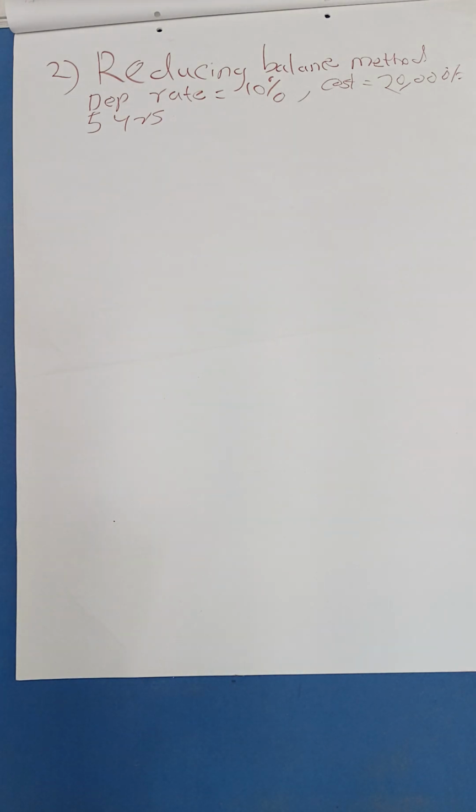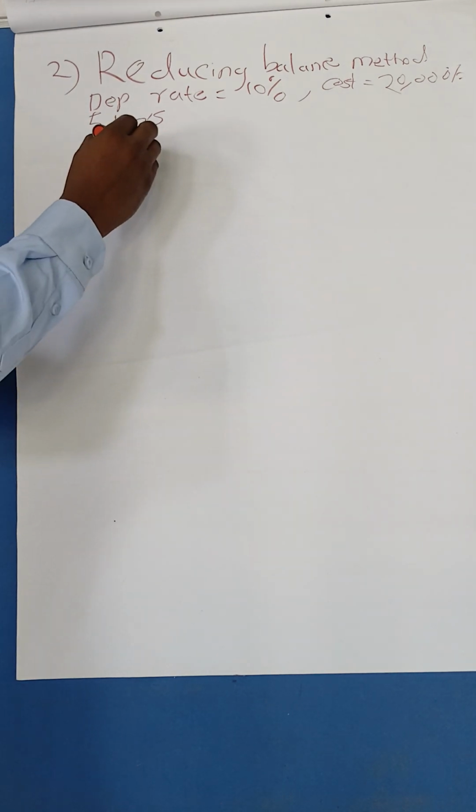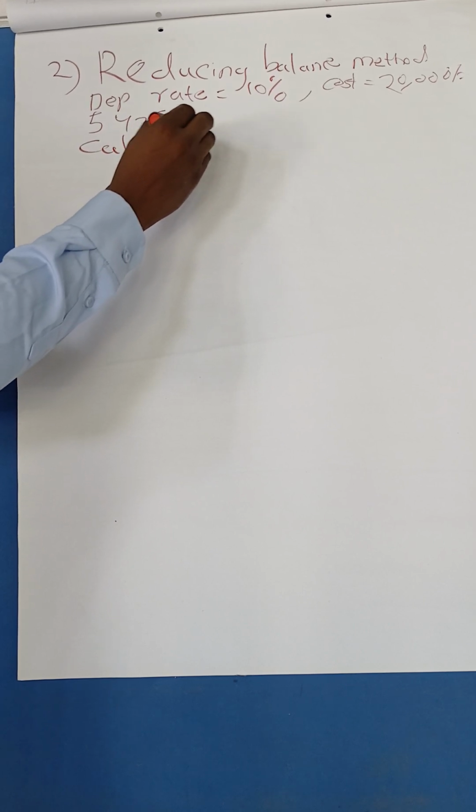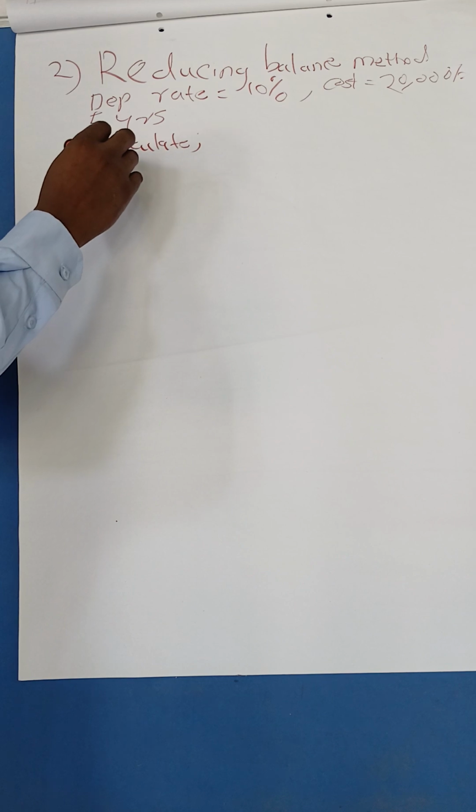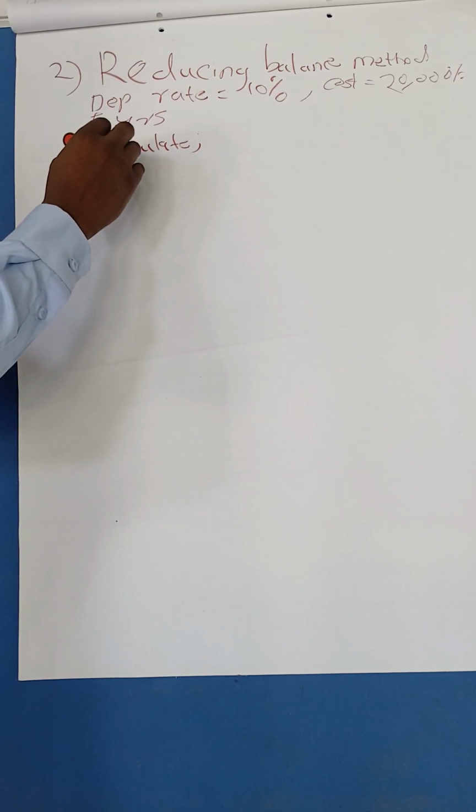Good. Now here, it's very easy. So how do we calculate depreciation? Because it's 5 years, I will just say first year.